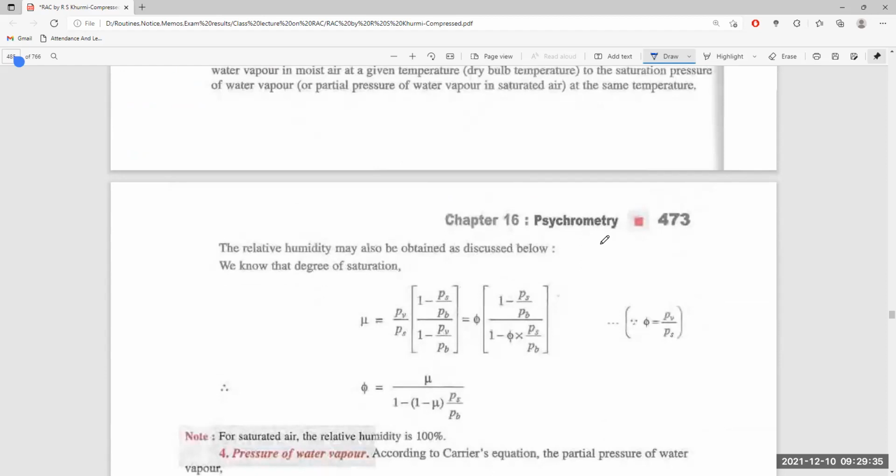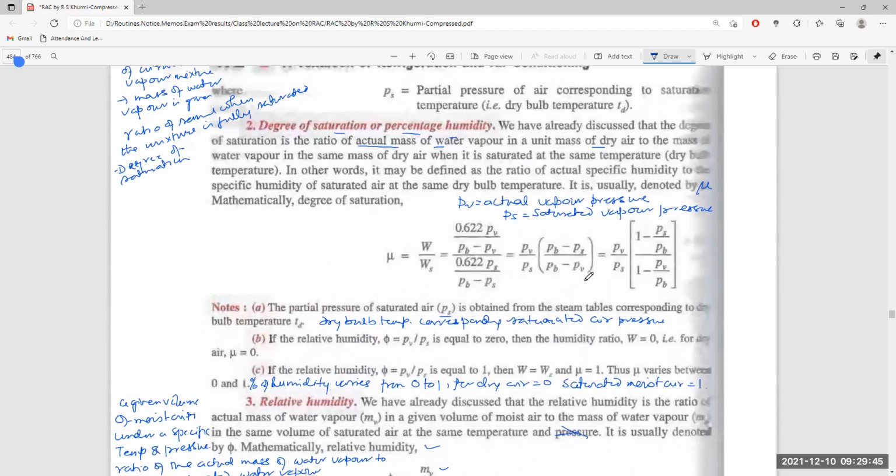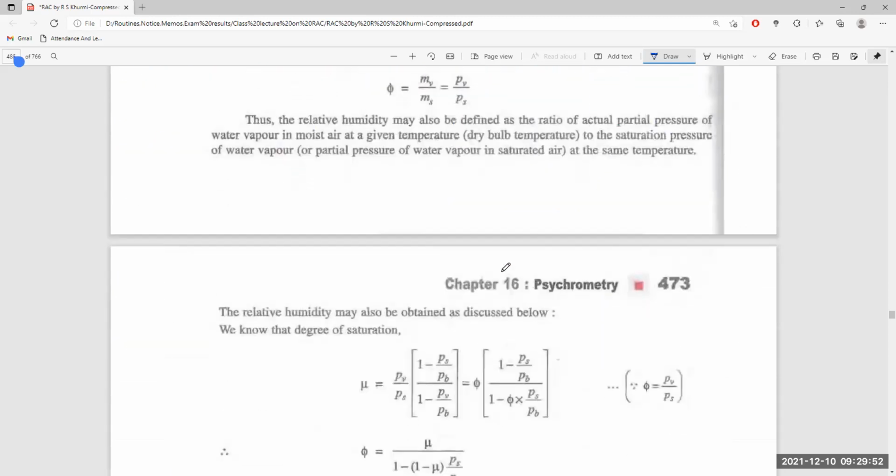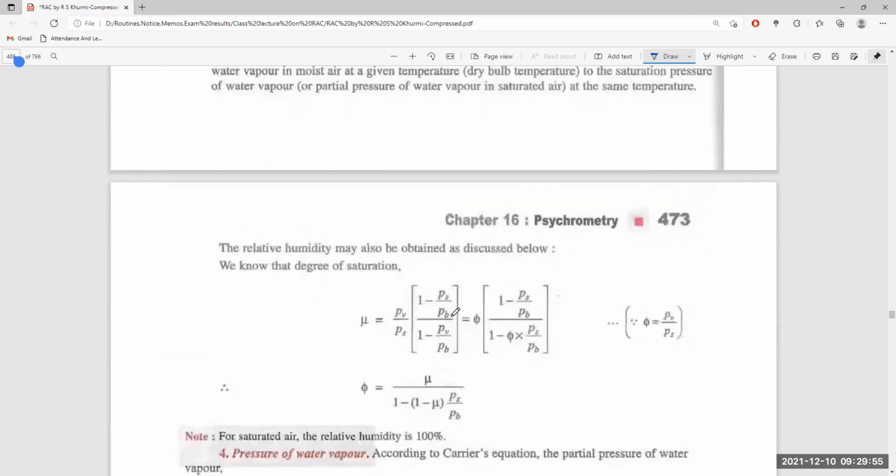The relative humidity may be obtained as discussed below. Mu is Pp by Ps, just like here. With this, with 0.62 Pv divided by Pp by Ps, this equation you can use, where p is the bulk pressure, barometric pressure, 1 minus Pv divided by Pp. Phi is equal to Pv by Ps, the relative humidity.